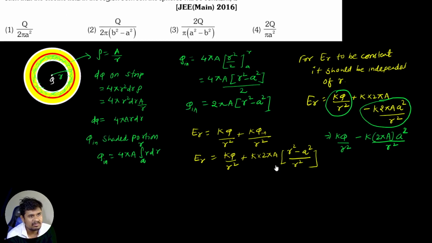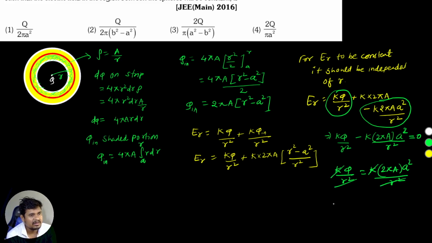This value should be equated to 0, because these are the variable parts. It has to be 0 because it has to be independent of r. So kq by r square equals k times 2 pi a times a square by r square. The r square cancels, and k and k cancel.